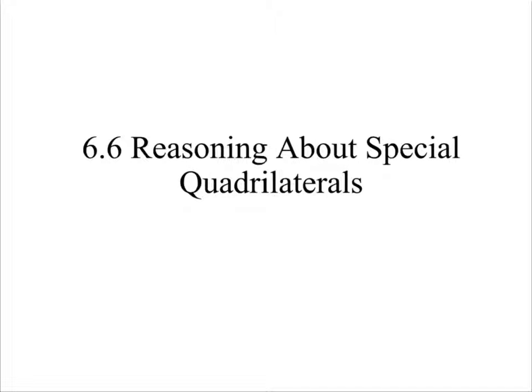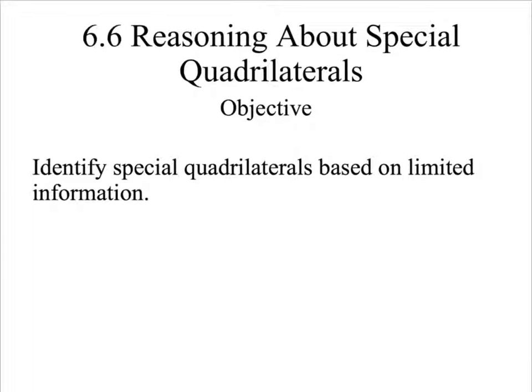Today is the last lesson in Chapter 6. We're going to be talking about reasoning about special quadrilaterals. We're going to get into the specific definitions that we know for the quadrilaterals we have learned about. The goal today is to identify special quadrilaterals based on limited information.